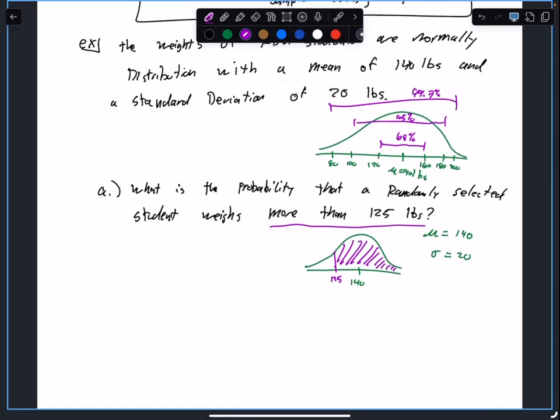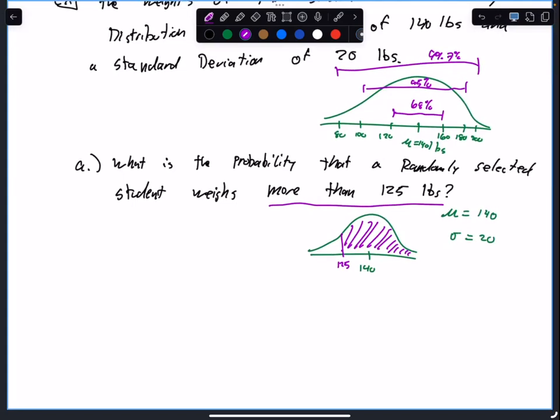So now how do I go about doing this problem? Well, nothing's changed. The probability that a student weighs more than 125 pounds is a normal CDF problem. Once again, normal CDF, just like you did in the last unit. The lower boundary is 125. The upper boundary is 9999. It goes on forever. The mean is 140, and the standard deviation is 20.